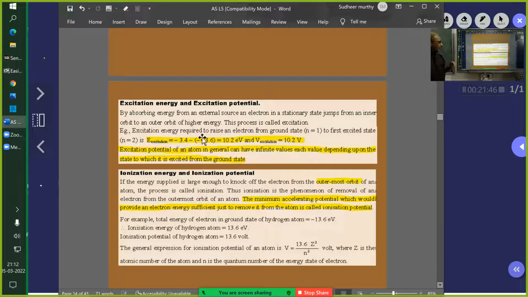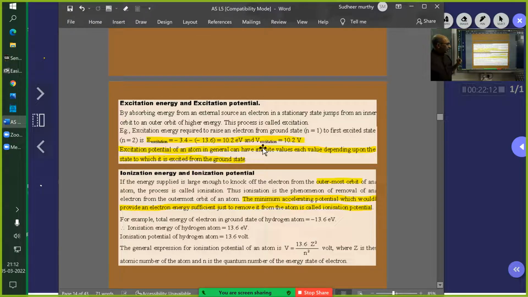Excitation energy required to raise an electron from the ground state to the first excited state n equal to 2 is E excitation equal to minus 3.4 minus of minus 13.6, which is 10.2 electron volts. That means if you provide 10.2 electron volts of energy to the electron in its ground state, it will jump to the next state.